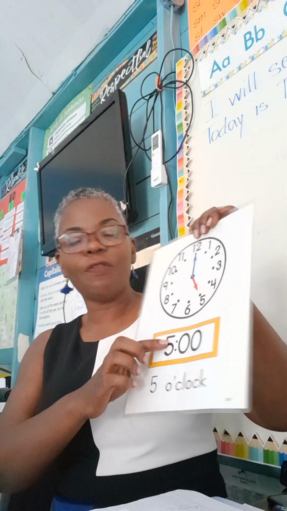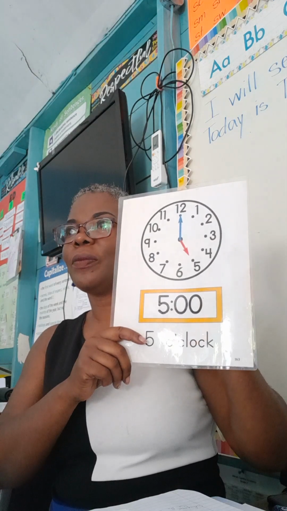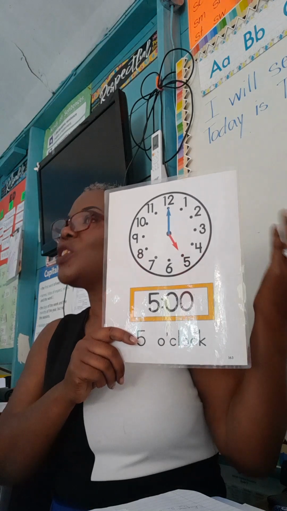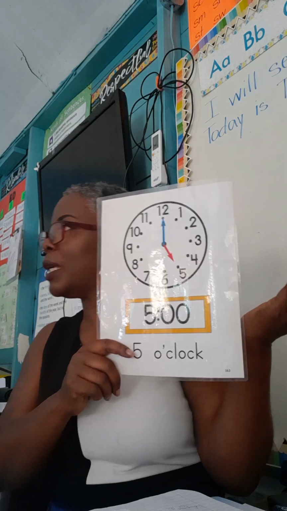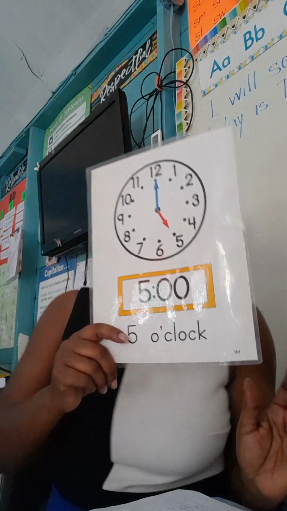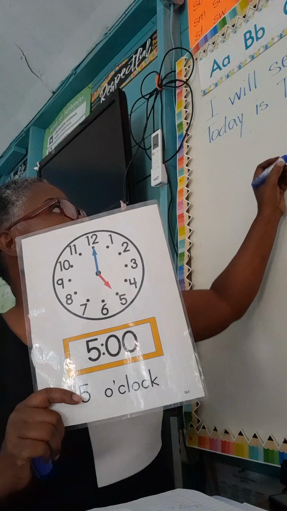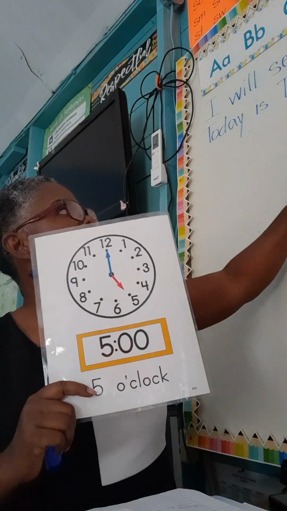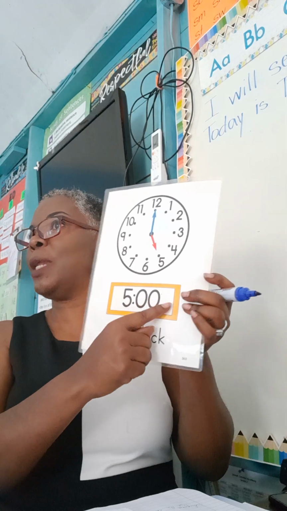Now, is this 5:60 o'clock? No. What time is it? 5. But we just counted and we got 60. What's happening here? When we reach this 12, we just start over. Since 60 minutes make an hour, we start over and represent that by writing 2 zeros to show the 60 minutes that we just got.